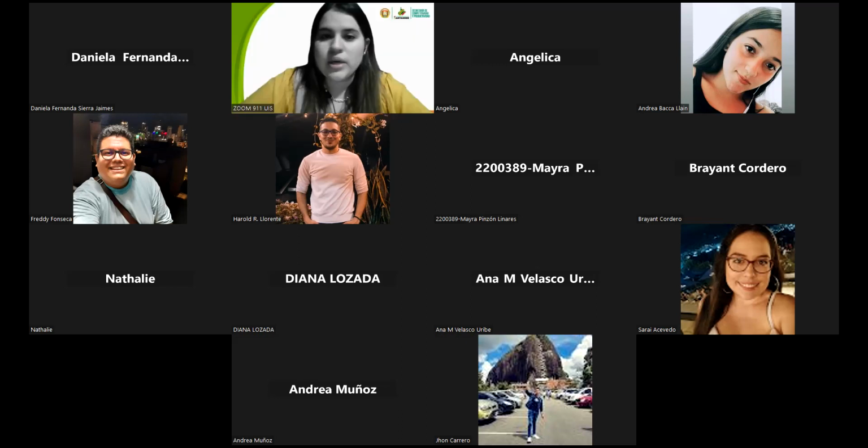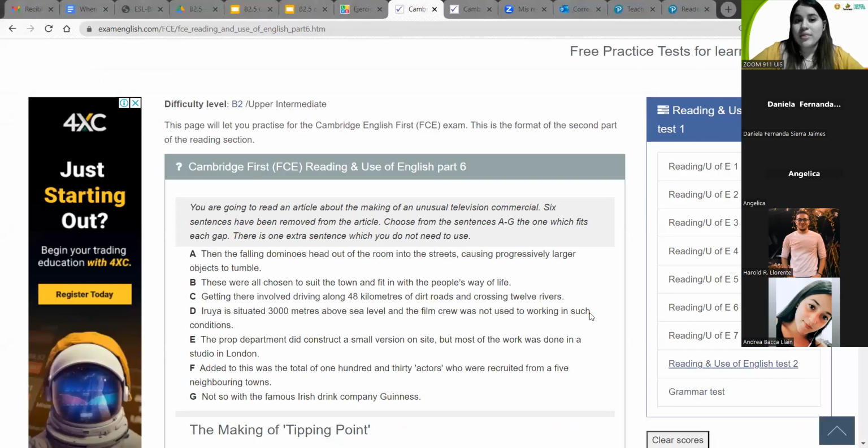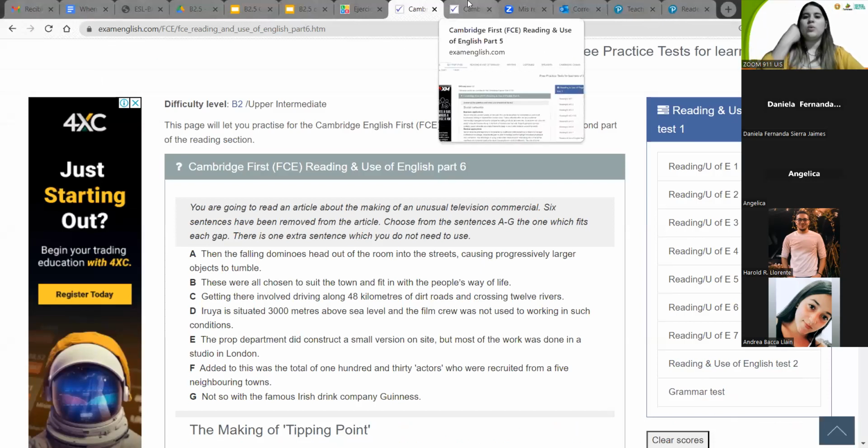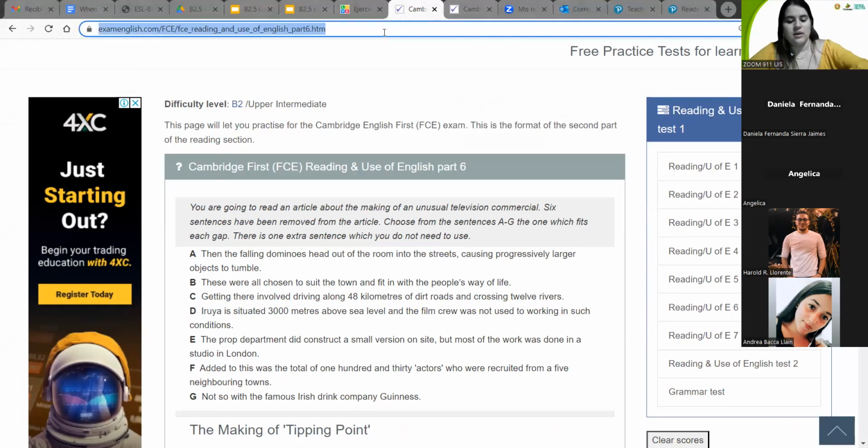So we are going to do exercise number 5 and 6. And so with this, we will be about to finish this exercise about reading and use of English for the final exam. So I am going to share the second link.